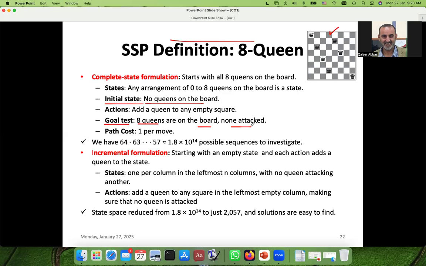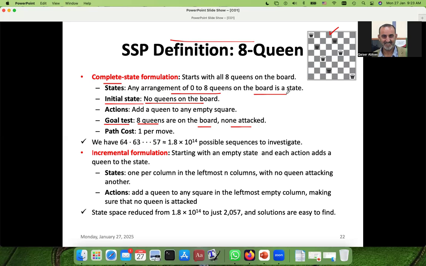Now the 3 things are remaining. States. Any arrangement when you have 0 queens on the board, that is the initial state. That is a state, but that is the initial state. Any arrangement of 0 to 8 queens on the board is a state. If they are attacking, that is also a state.